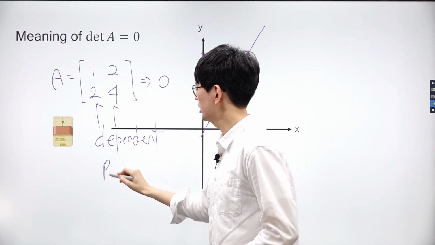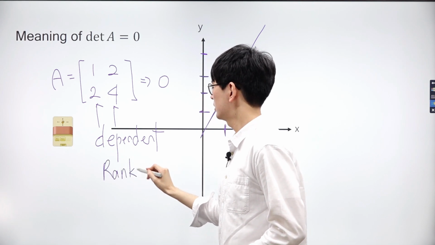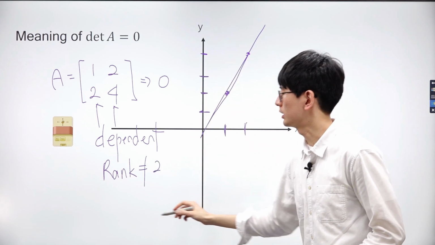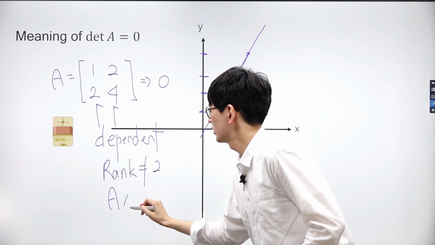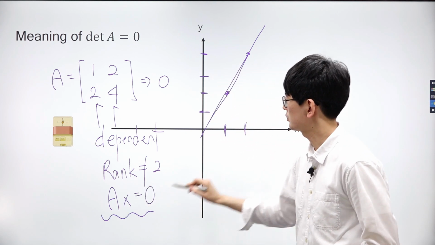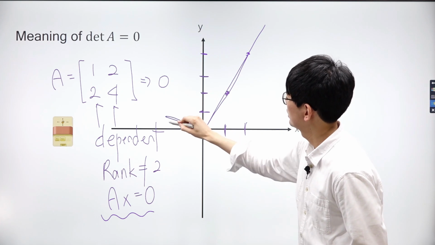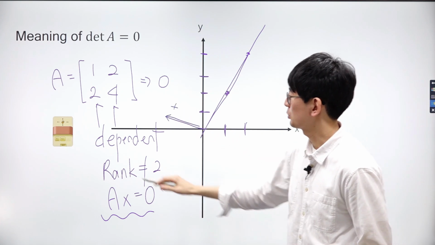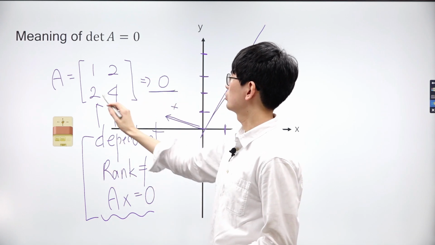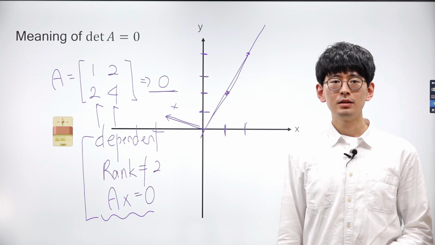Consequently, the rank of the matrix is 1, not 2. This scenario also implies the existence of a nonzero vector x such that Ax equals 0. All of these observations are interrelated and stem from the fact that the determinant is 0.